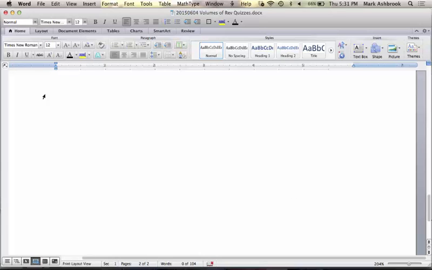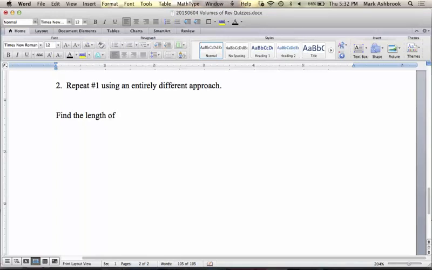So there's this number 2 in the book, which says, find the length of the curve of, I'll write it out here, y equals the square root of 2 minus x squared from 0 to 1.